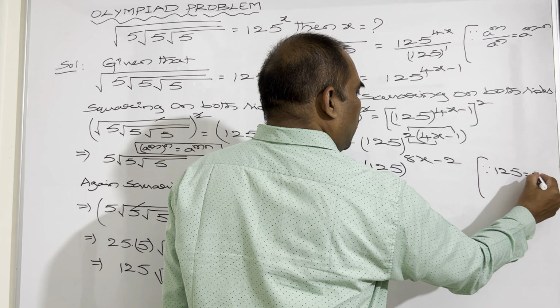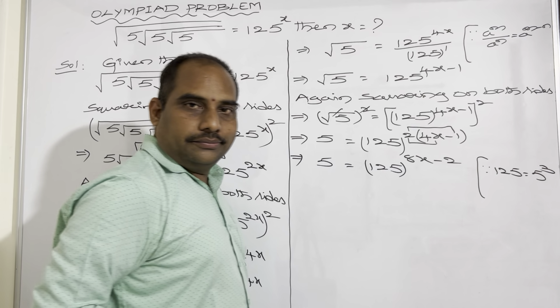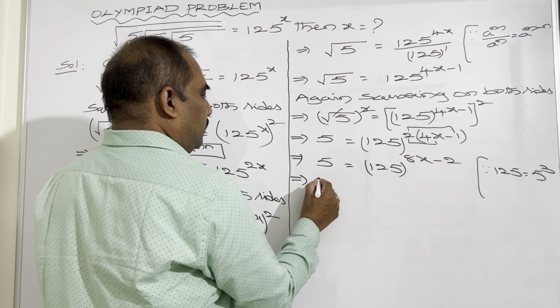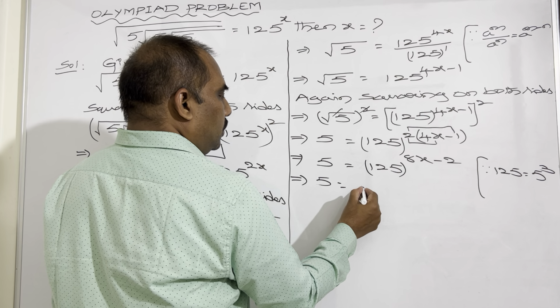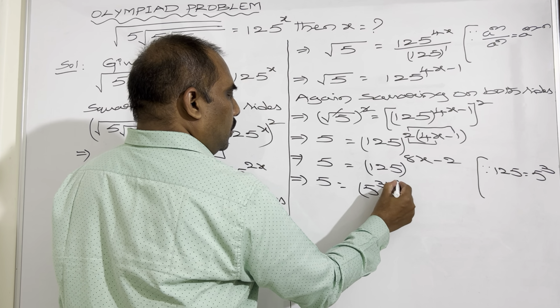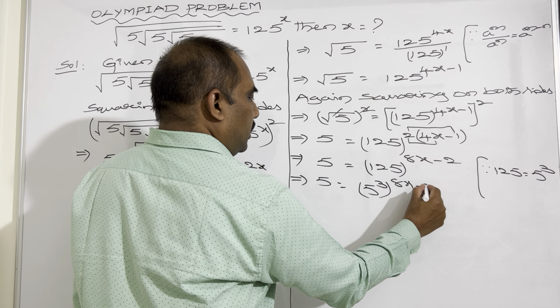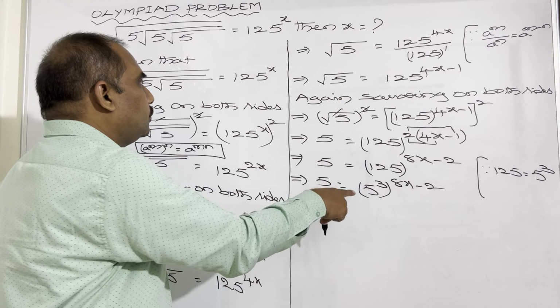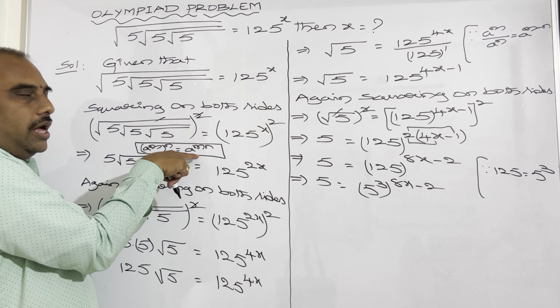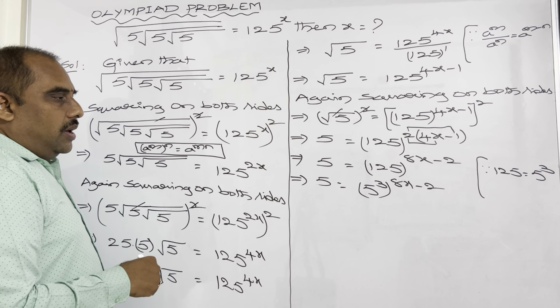Now we know that 125 can be written as 5 power 3. So now 5 is equal to 125 written as 5 power 3 whole to the power of 8x minus 2. Now again using the same property, a to the power of m whole to the power of n is equal to a to the power of mn.